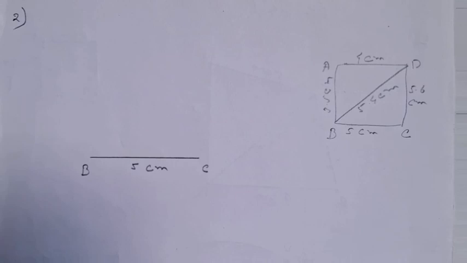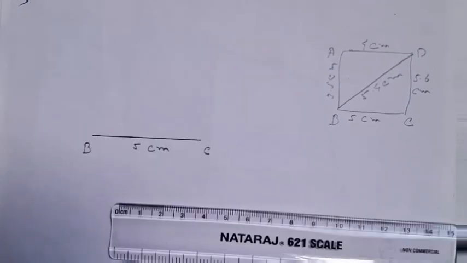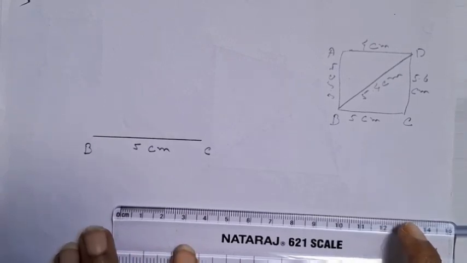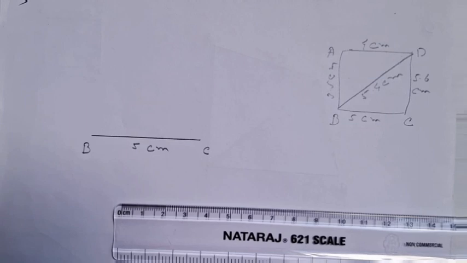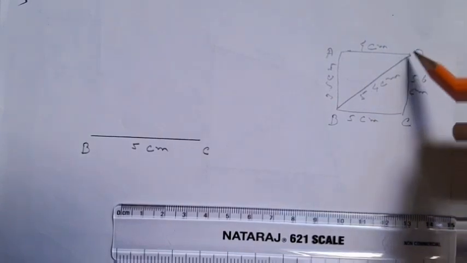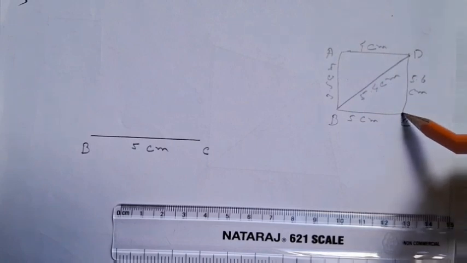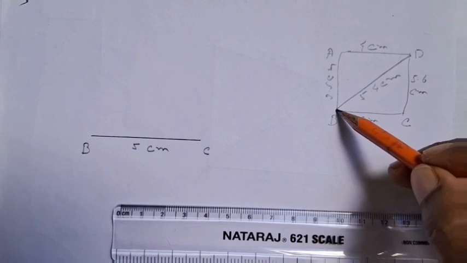And now, look, point D is 5.6 centimeter away from C and 5.4 centimeter away from B.